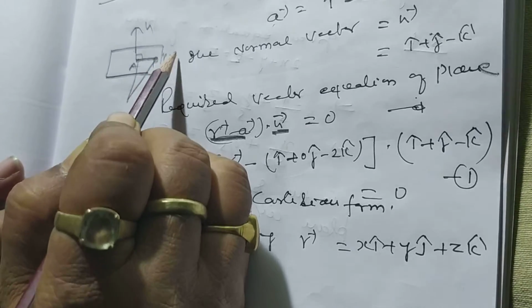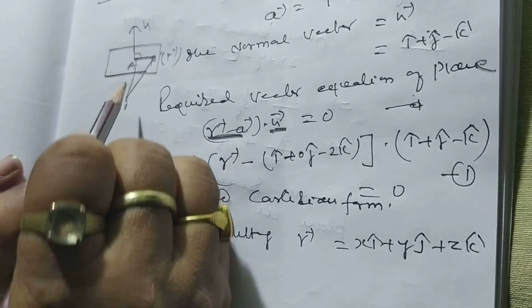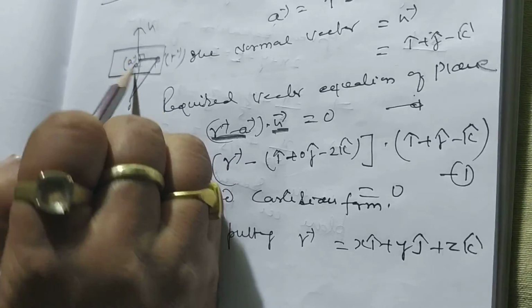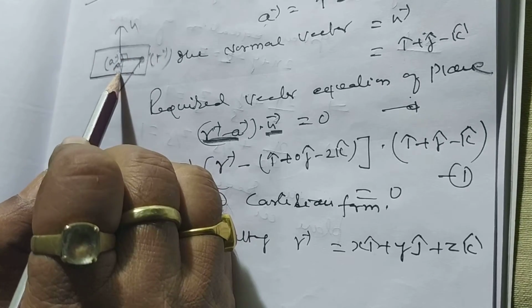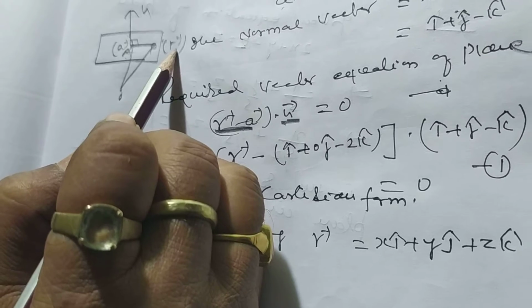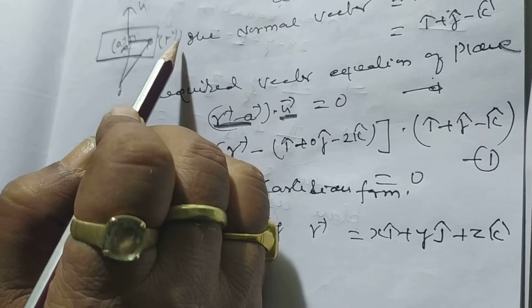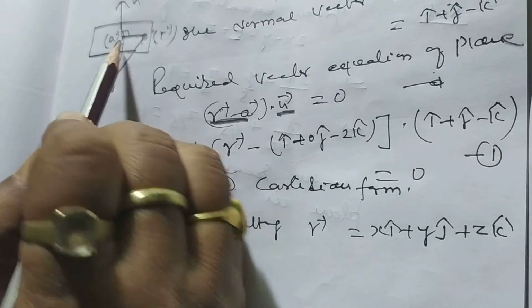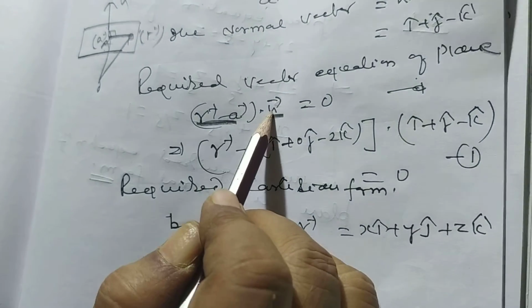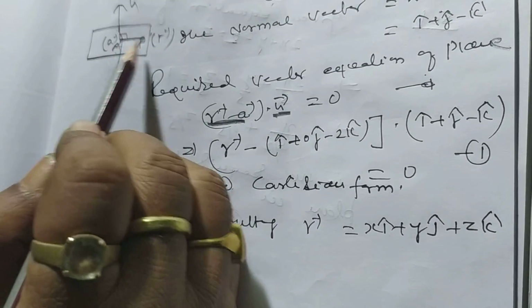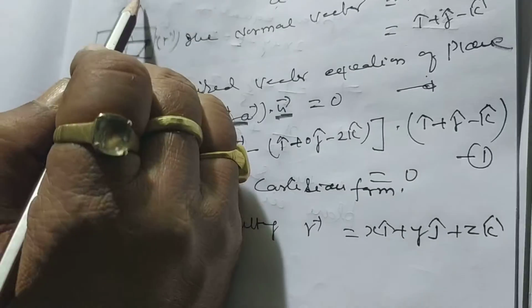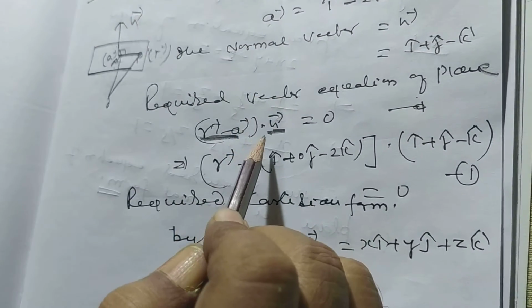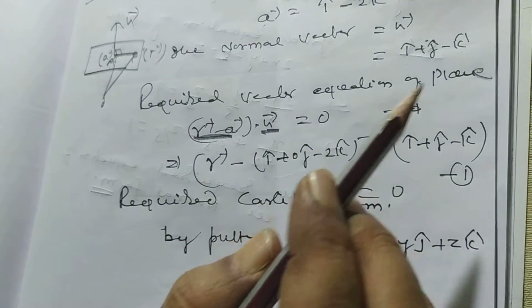The position vector of P is r and the position vector of A is a, suppose, and suppose the coordinates of A are x1, y1, z1 and the coordinates of P are x, y, z. So vector AP is vector r - a, and this vector AP is perpendicular to the normal vector.